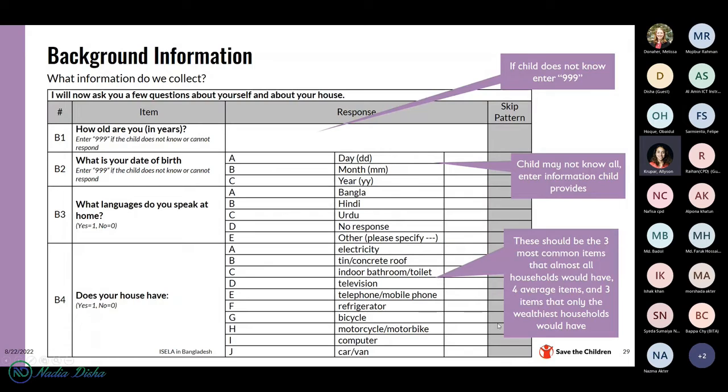Now, again, we can revise these items. So if you see these and you think, okay, this is not exactly what the most common items would be, we can revise this. So how does this look to you all as common, average, and only the wealthiest households? Is this accurate?